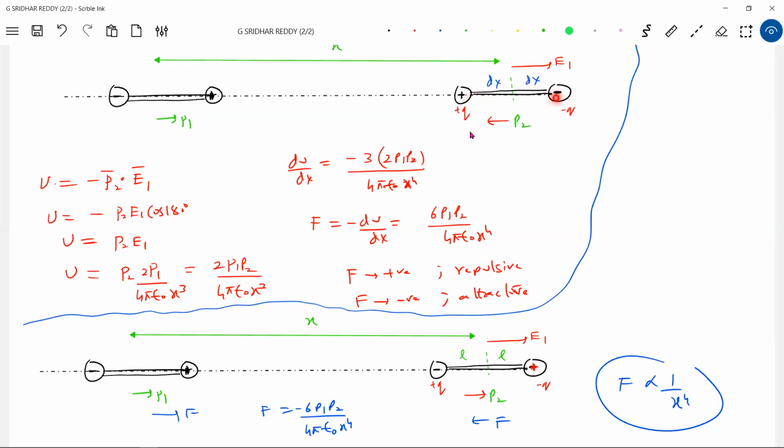Similarly here the field strength should decrease, and here increase. So these two will experience different forces. The difference of those two forces is what we got. I think in books they have shown that method also. If you are interested, try to think on that. I'm just taking help of the energy method. Any doubts, you can clarify.